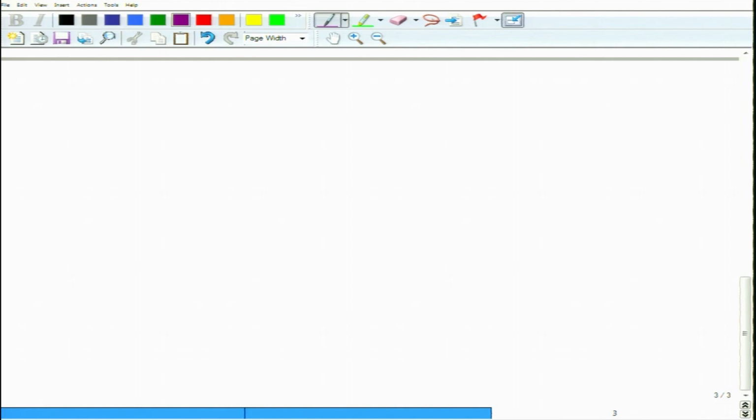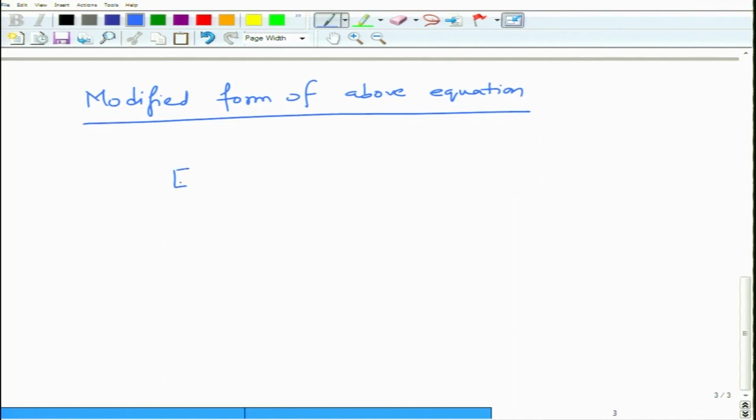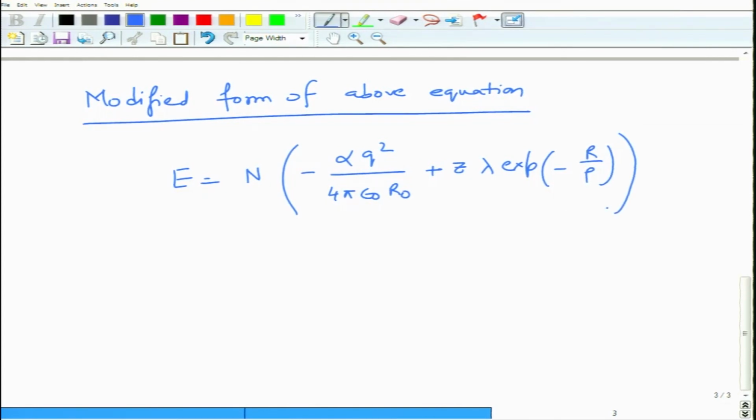So the modified form of this equation is E is equal to N times minus alpha q square divided by 4 pi epsilon naught r naught plus z lambda exponential of minus r divided by rho, okay, where alpha is something which is called the Madelung constant.